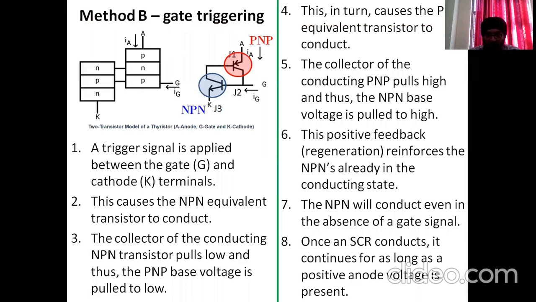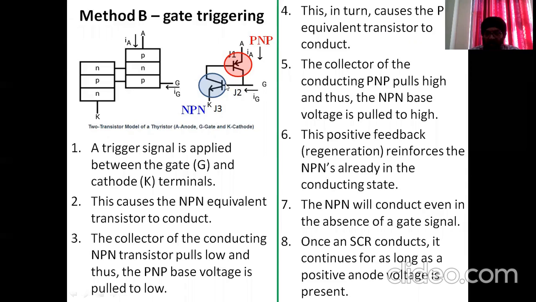So this process will continue because this collector current flowing over here keeps on energizing the base. Due to this base current, the collector current starts to flow, which in turn energizes this transistor. And now this current will follow this loop and it will never come out of the loop.